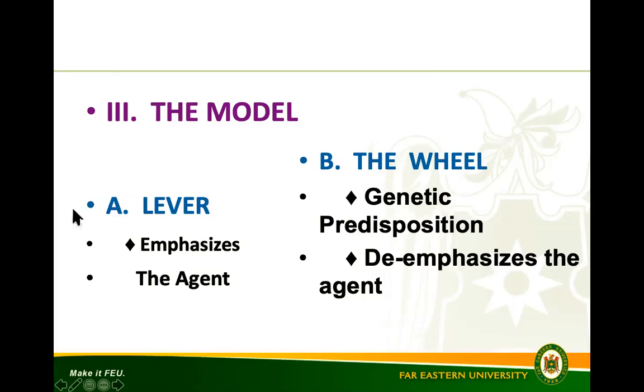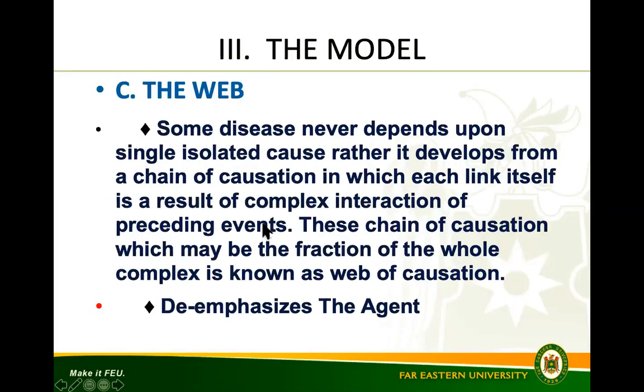Okay, which could be the lever, which emphasizes the agent, the wheel, which also depicts the genetic predisposition, and de-emphasizes the agent, focusing on the effect of the environment on the host. And then next, or it could be the web, no? And we said that some disease never depends upon single isolated cause.